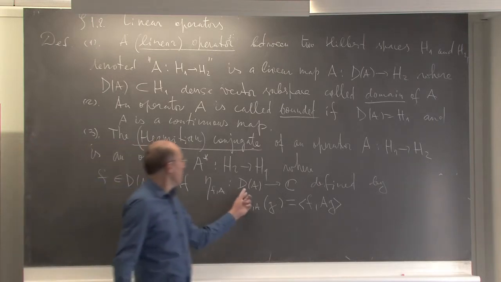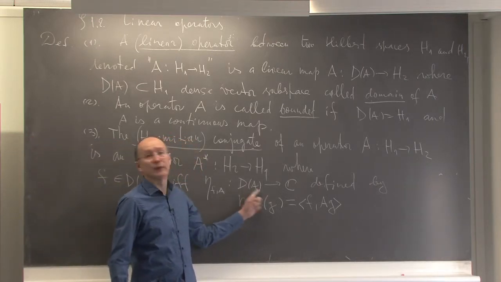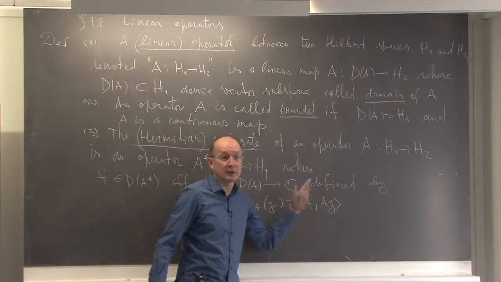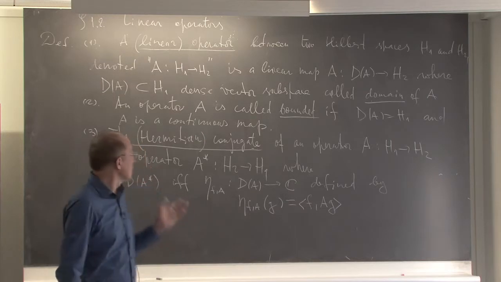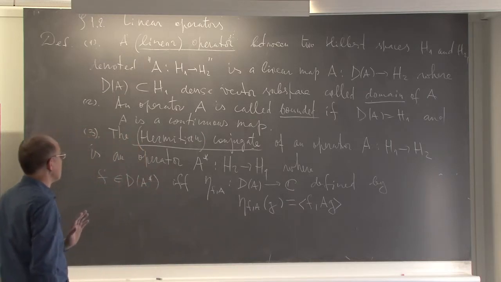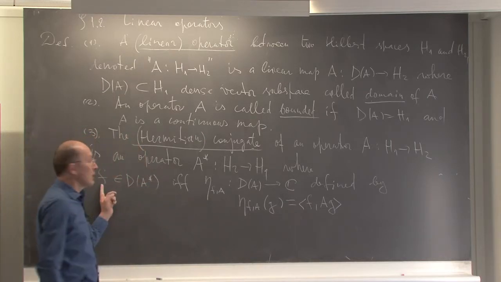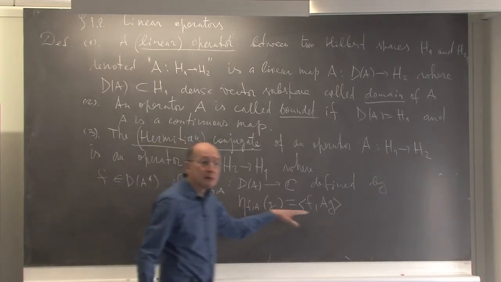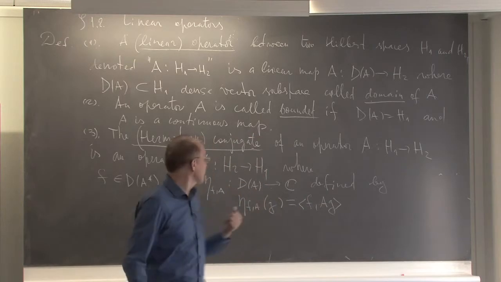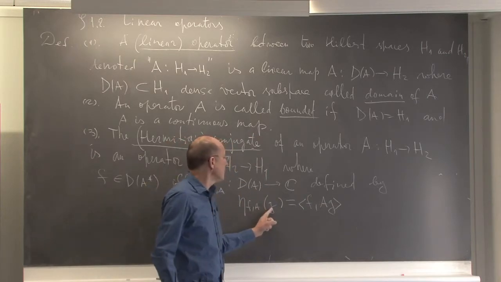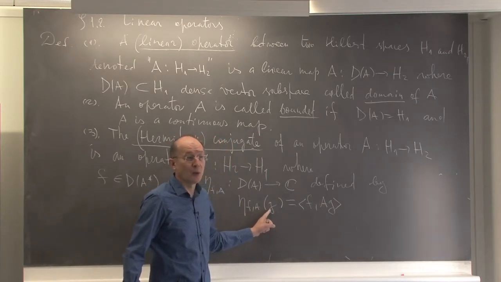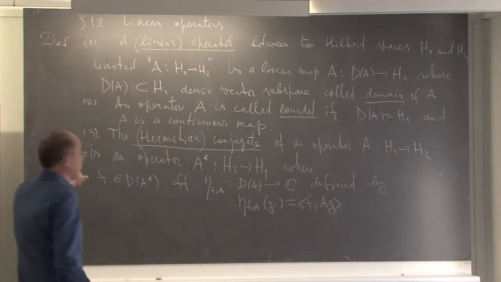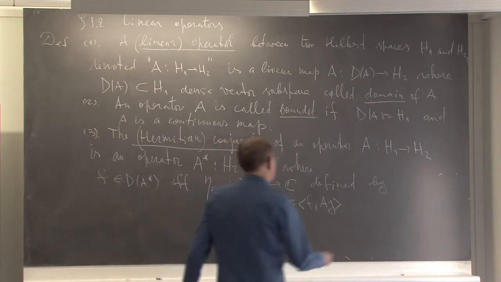So we take an element in the domain of A, we apply A to it, we get a vector in H2. And then with any vector, actually, we can make a scalar product. And if this happens to be a continuous linear functional on D of A, then we say that f is in the domain of A star.